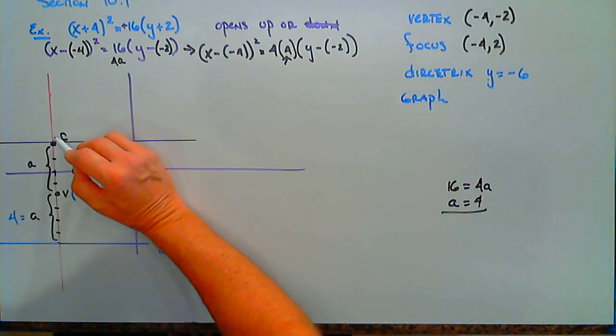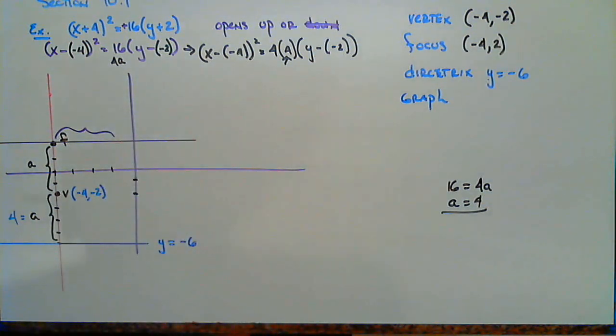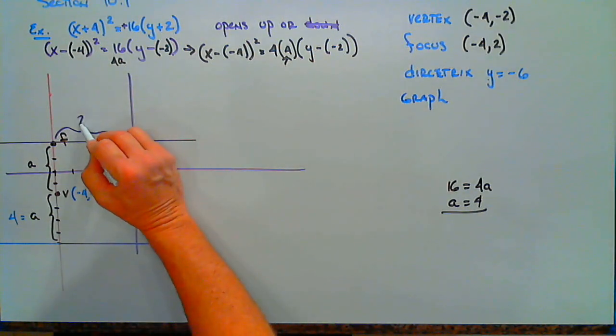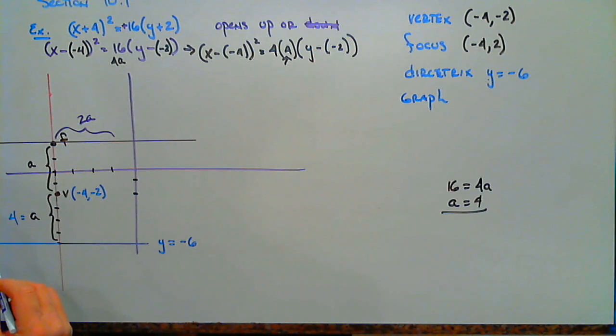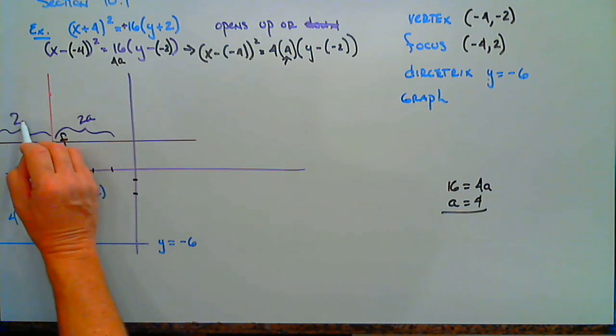How long was the latus rectum again? Go back and look at your notes. It's in the book. I'm flipping through the book here. It's on page 634. It says the latus rectum is 4a long, which means this half is 2a, and this half over here is 2a.